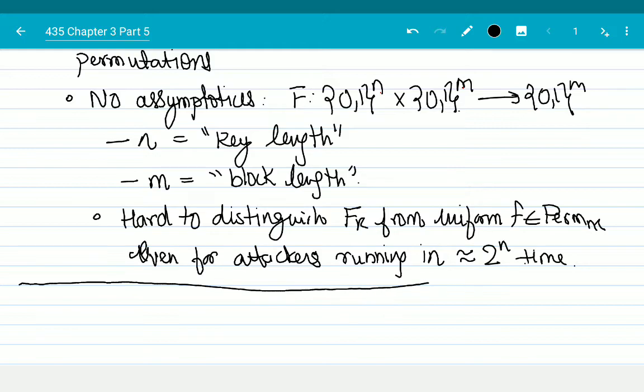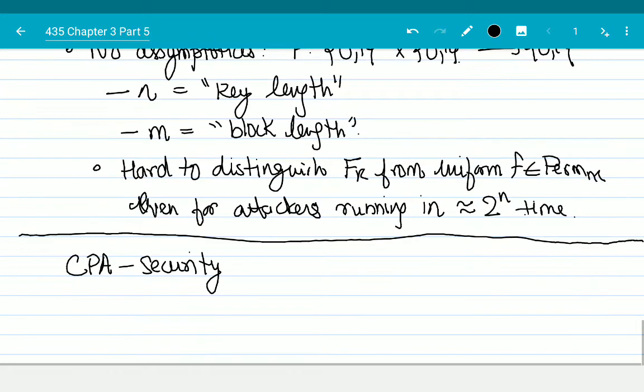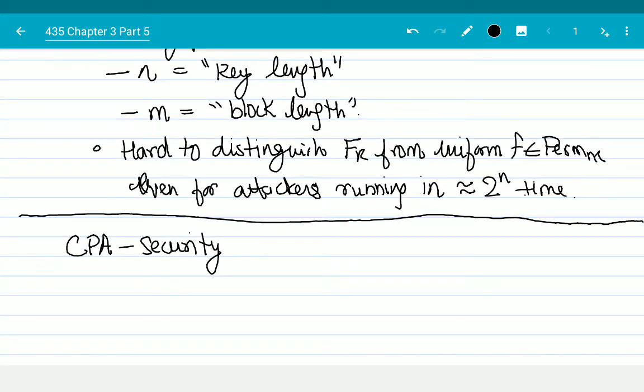Last time we saw CPA security by creating the experiment that demonstrated whether something is CPA secure or not in the following way.